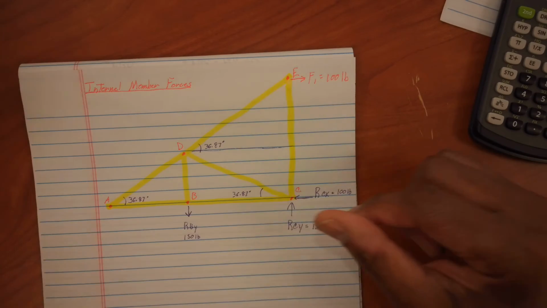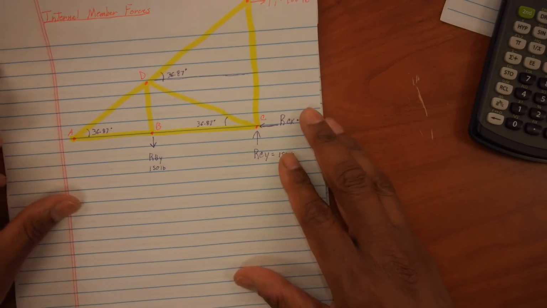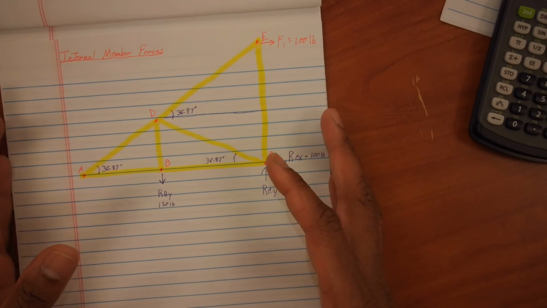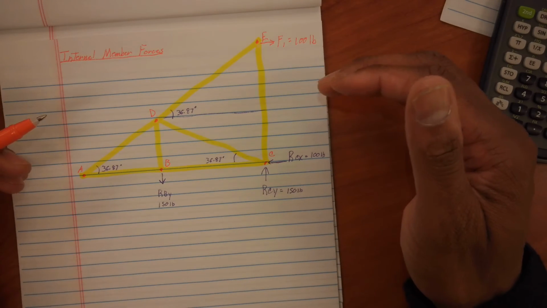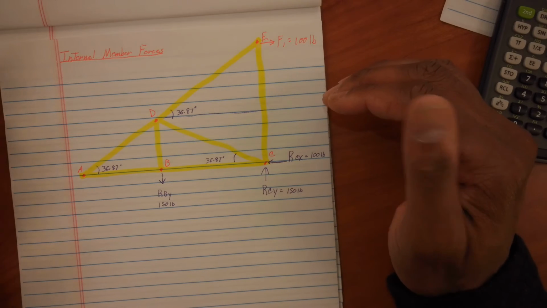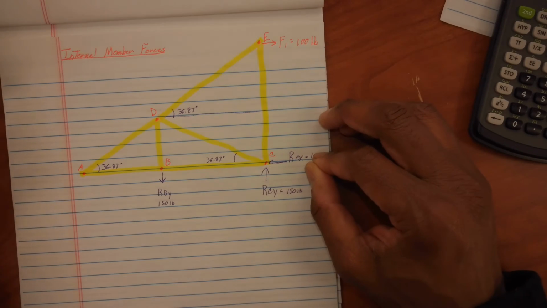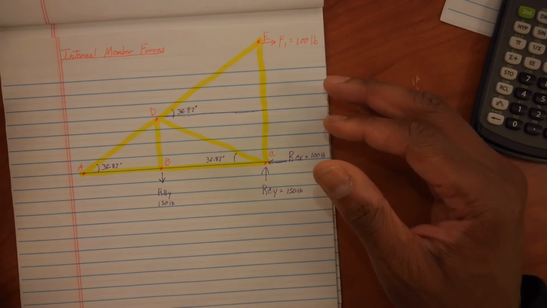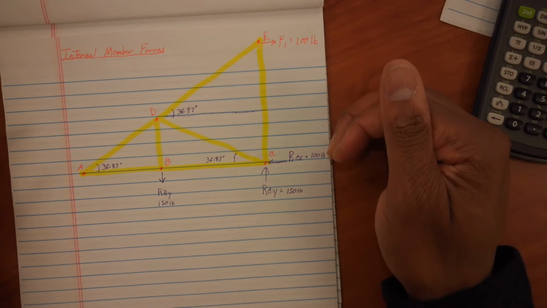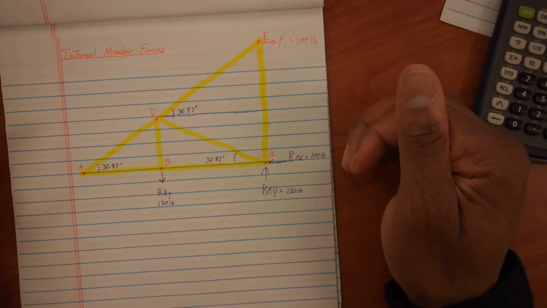So that's the method of joints, and that's what we're going to do right now. And then, once we have everything drawn in tension, we're going to let the math determine if the internal force is in fact in tension, or if we need to change the direction arrow and make our internal force in compression.